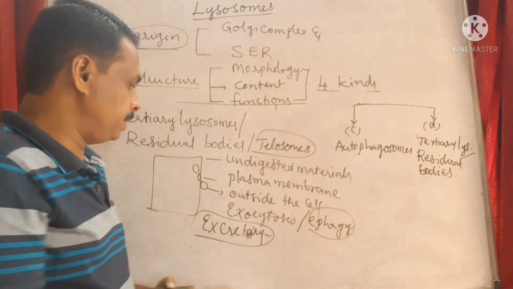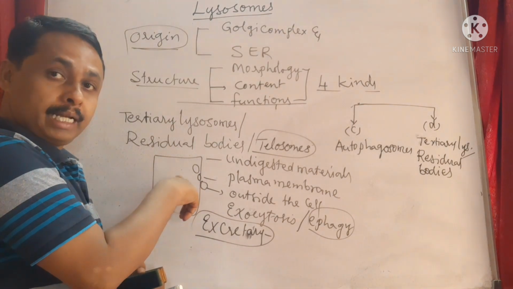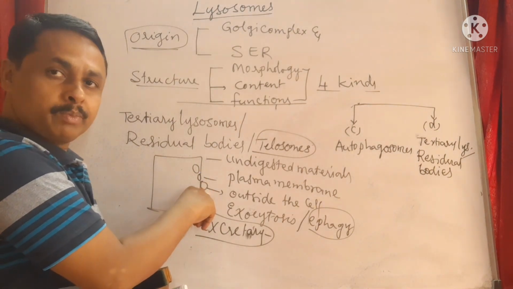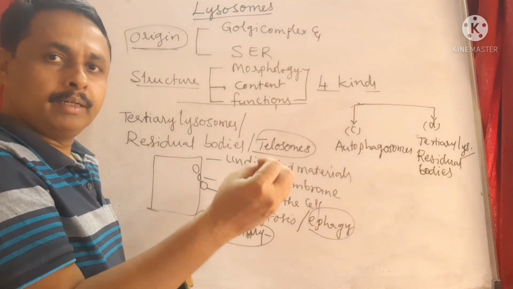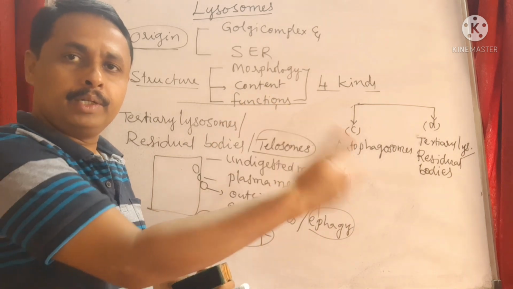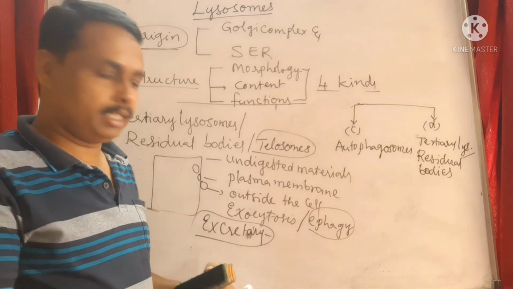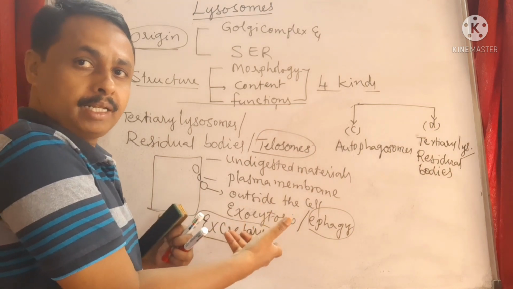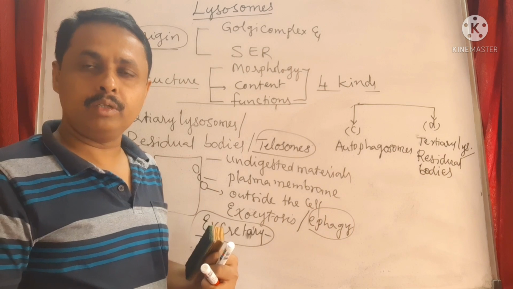How do they disappear? They collect the undigested materials from the cytoplasm, move towards the plasma membrane, bulge outside the plasma membrane and discharge their content into the outer region of the cell. That activity will be called E-Phagy, and they discharge the material by a process called exocytosis.